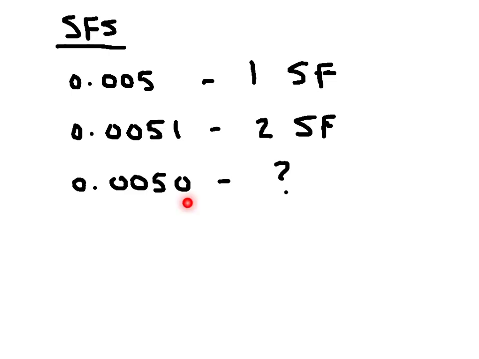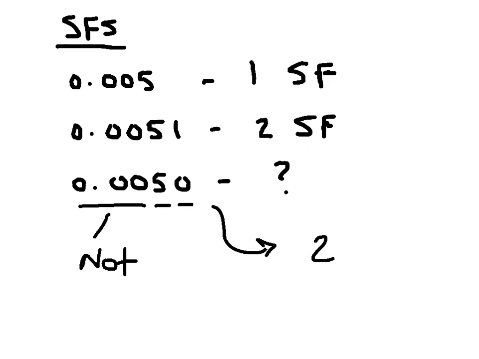Any 0 to the right of a decimal and to the right of a number is also significant. So the question is, are these 3 zeros before the 5 significant or not? And the answer here is that yes and yes, these two are, but the first 3 are not significant. So this number actually only has 2 significant figures.